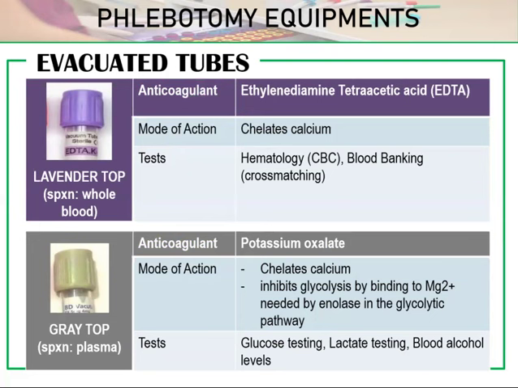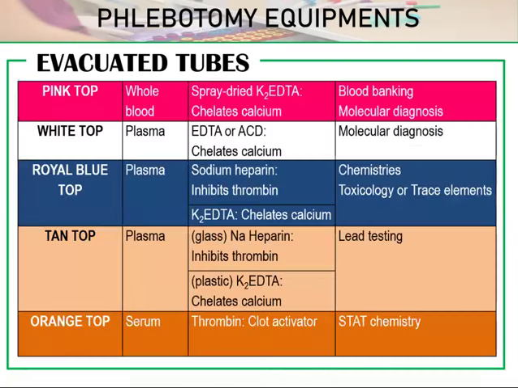So it will preserve glucose, therefore what you measure is the actual glucose level of the patient. That is why it is ideal for glucose testing. Other than that, lactate testing and blood alcohol levels as well. This is the most common tube that we use in the laboratory.